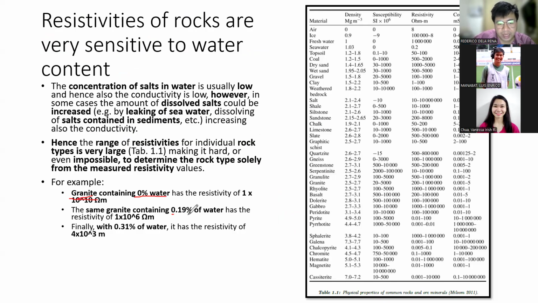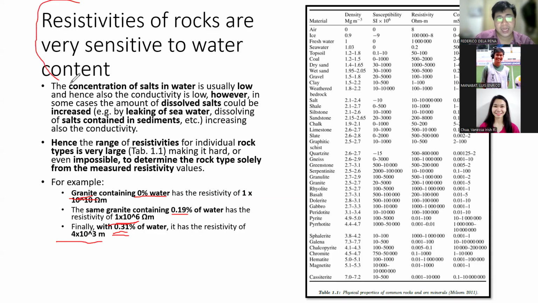Once you introduce just 0.19% water, it will decrease by a factor of 10,000. If you increase the water content to 0.31, the resistivity will decrease again by a factor of almost 1,000.